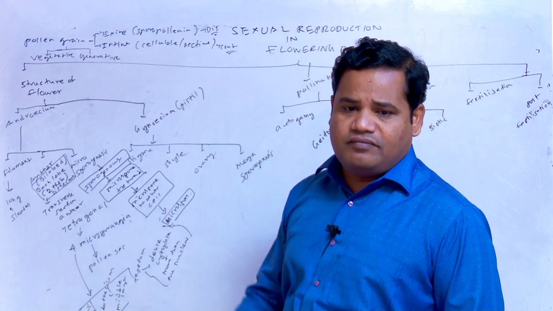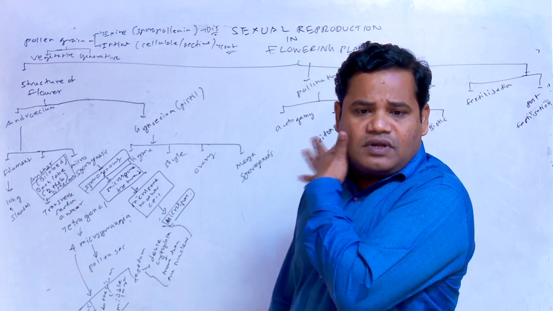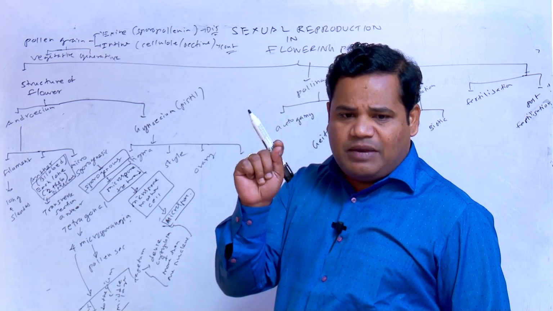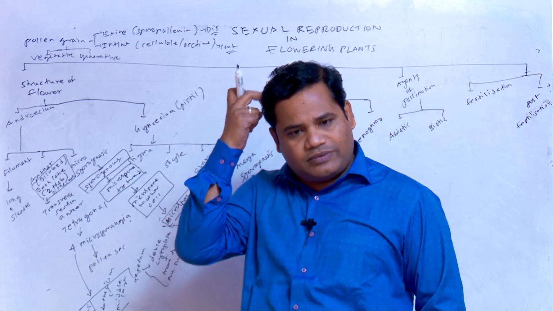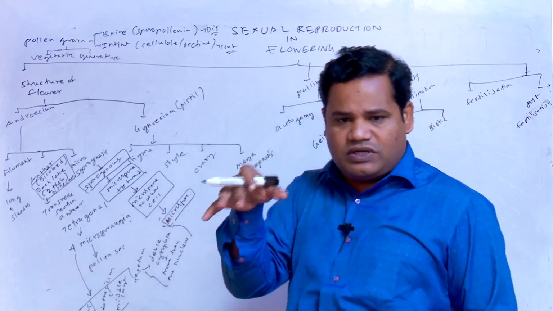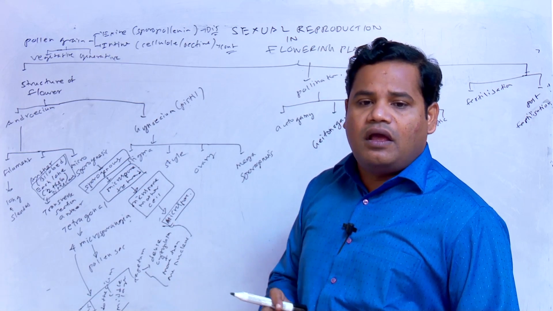Generative is small and normally spindle shaped with a dense cytoplasm and a nucleus. So there are two types of cells, one is large and one is small and spindle shaped. All those things are very clear.